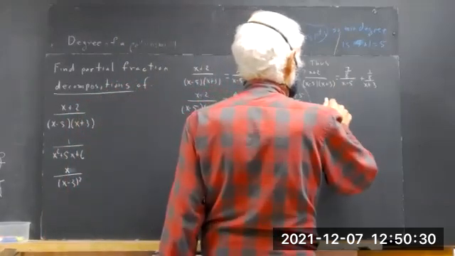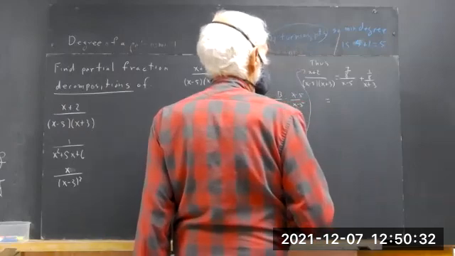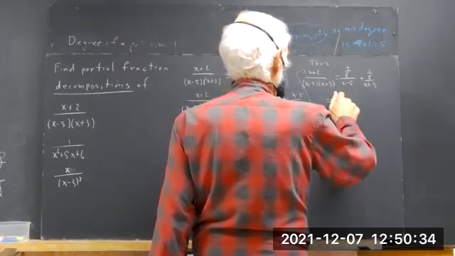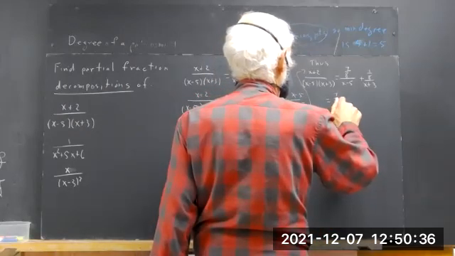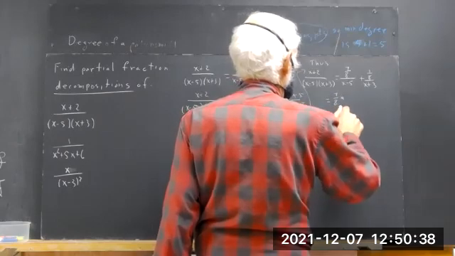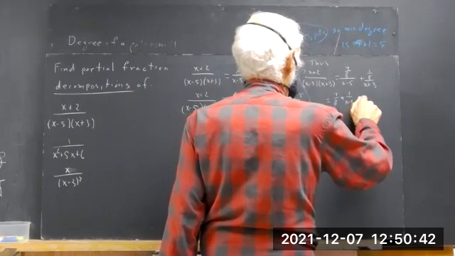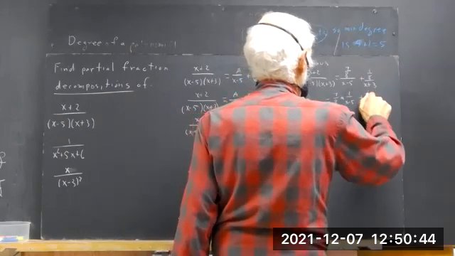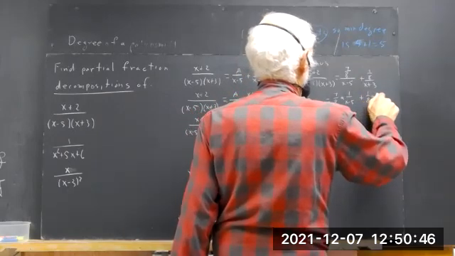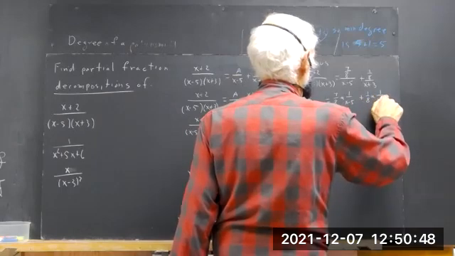And of course, this fraction is just 7/8 times 1 over x minus 5. And this is just 1/8, the numerator, times the reciprocal of your denominator.